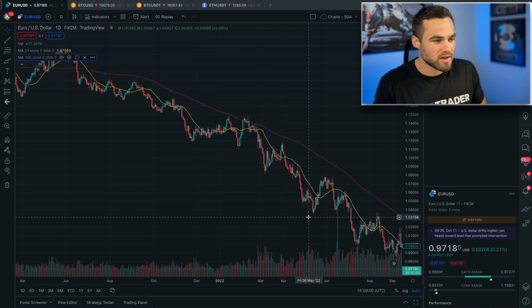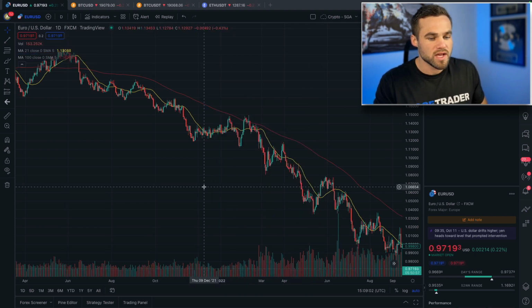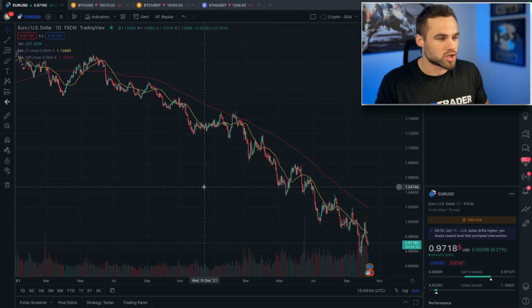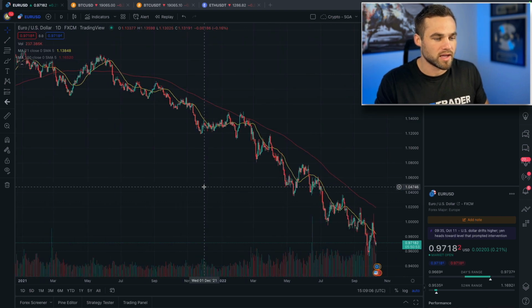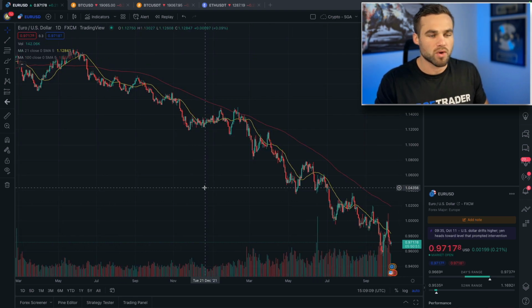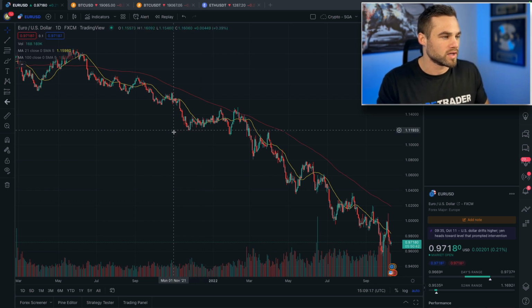Okay, so now that I've got it looking the way that I'd like to, the way that this trading strategy is supposed to be traded is in a trending market. Now, granted, trending markets only happen about 30% of the time, but with that being said, when you can find this sort of setup, it's very, very powerful, like you're going to see.